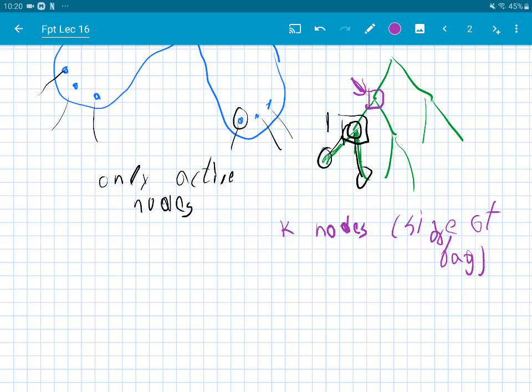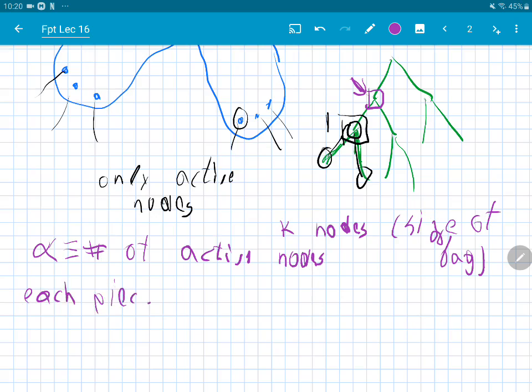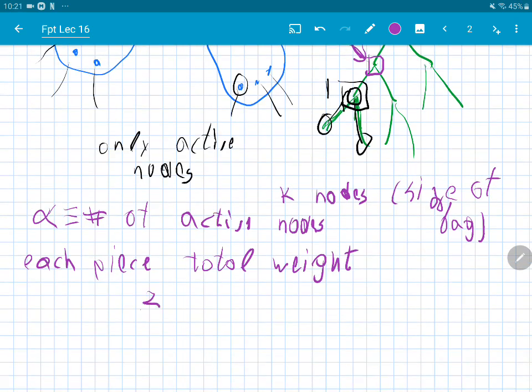Each one of them is going to be 2/3, right? So let alpha be the total number of active nodes. Each piece, we're going to break it into 2 pieces. Each piece, total weight, well, the total weight is going to be 2/3 of alpha, right?